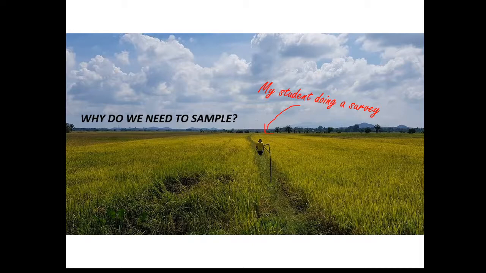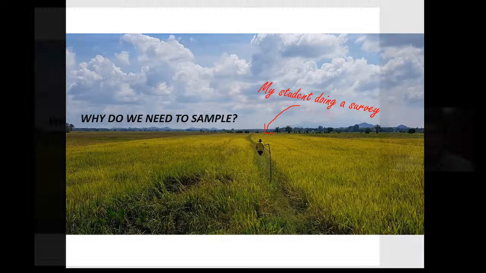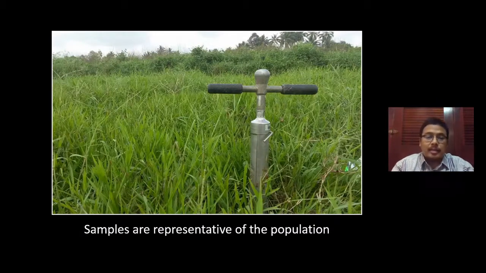In my students' case, it would be counting how many rice plants there are in the whole paddy field. So again, this problem is usually solved by taking a number of samples from around the habitat, making the necessary assumption that these samples are representative of the habitat in general.